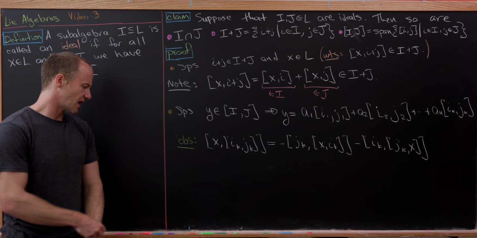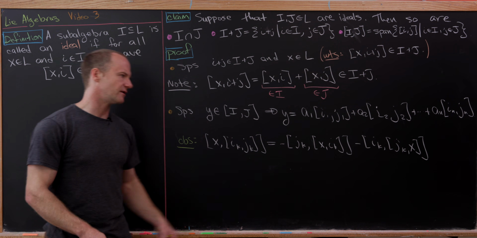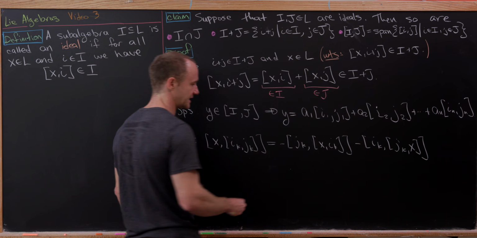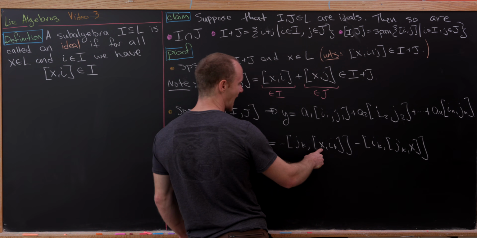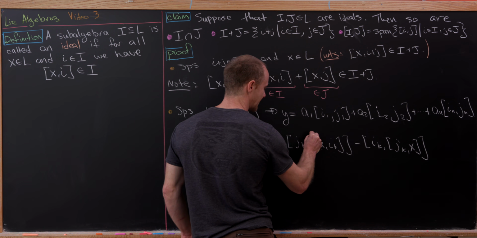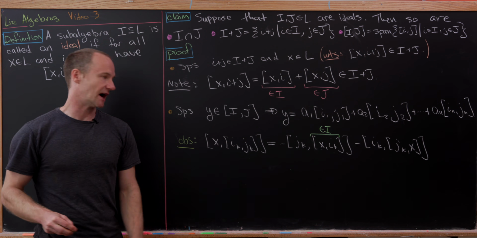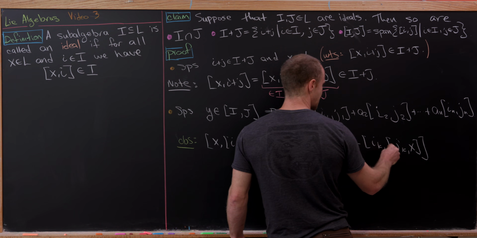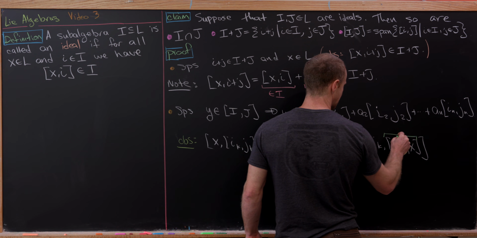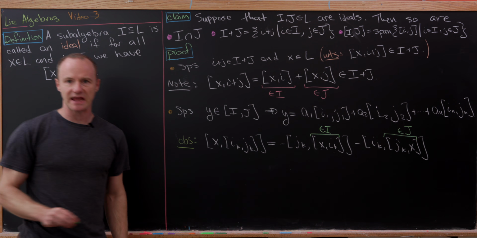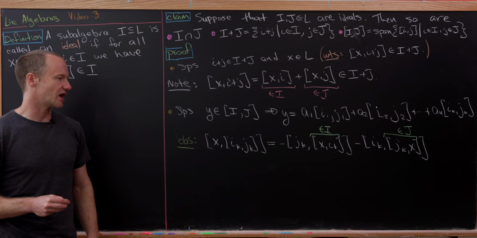But now let's work inside out on these brackets on the right-hand side. Notice that x and ik bracketed together is inside of I, because we know that I is an ideal. And then jk and x bracketed together is inside of j, because j is an ideal and jk comes from j.